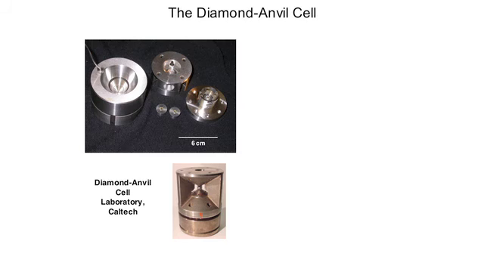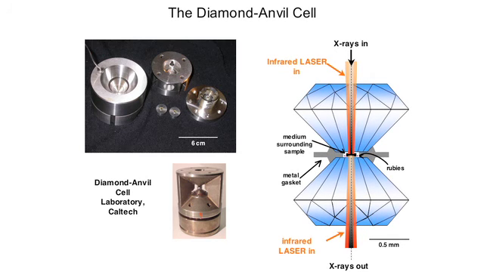talk. So if we zoom in on the sample chamber area, it's a sample that oftentimes we synthesize here at Caltech, and the synthesis is very specialized, so we do that all here. And we place that sample inside of a pressure medium.